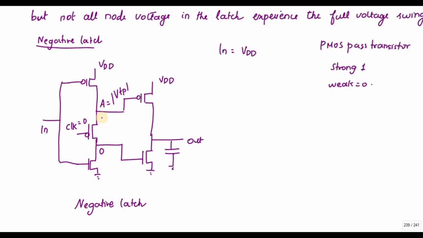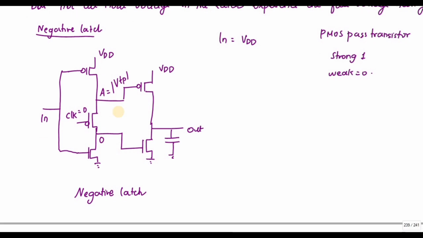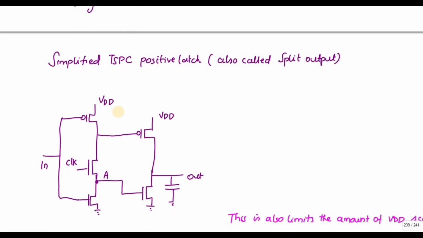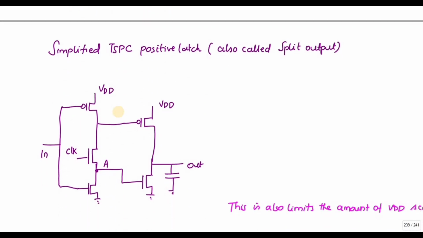It is 0 only, but it is not able to drive the output again. So you can see here, it is also called a split output. This is nothing but a positive latch.